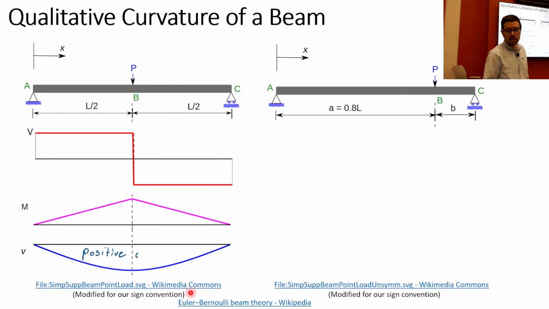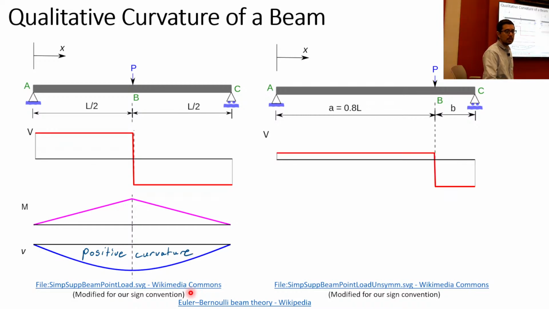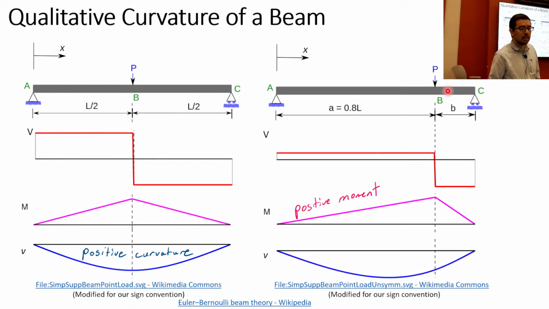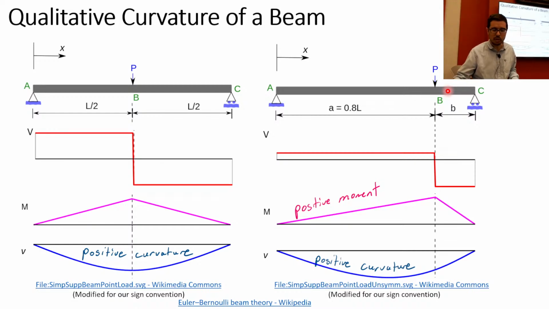This is also true with this system. The magnitudes are a little bit different, because we've moved the load over, but once again, we can see that it stays positive, and that means, again, that we're going to have positive curvature. So we're just getting a qualitative sense of what the deflection should look like.